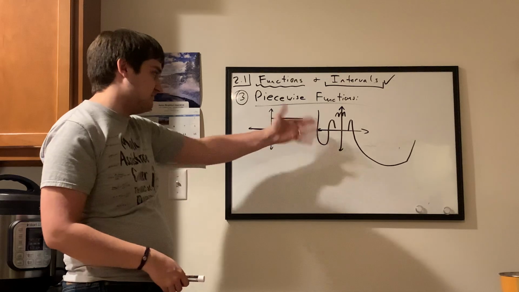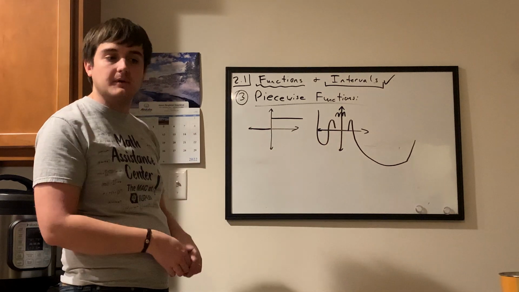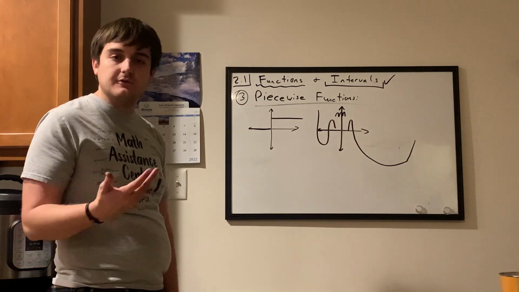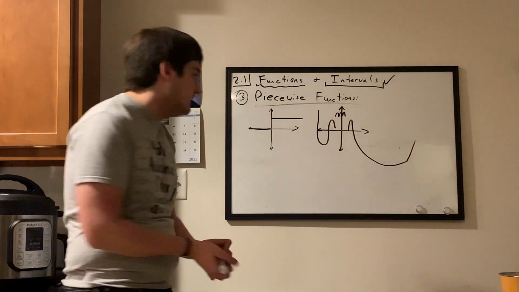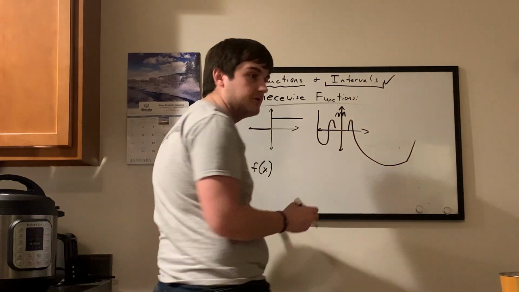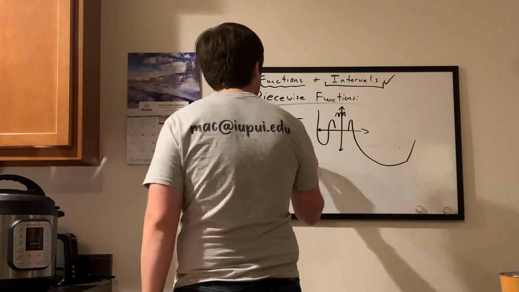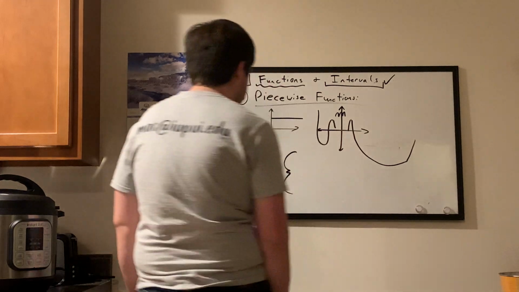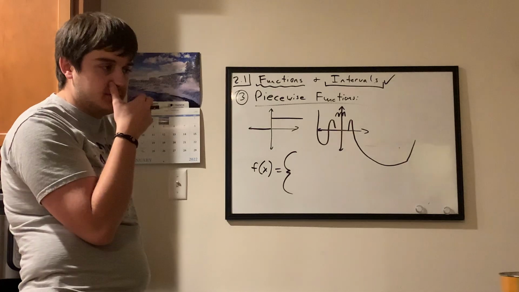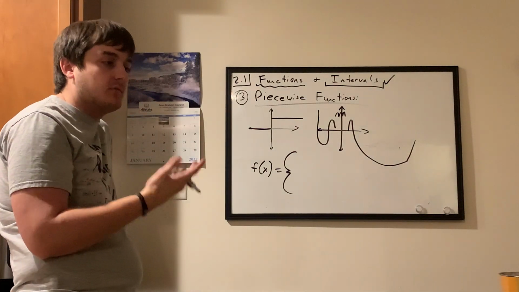Right? Which is a bit stranger of a construction, but if you so desire, you can create that function. The way that we do that is I say f of x or g of t or whatever you're using, and I can name different things to happen depending on what part of the graph I'm at.